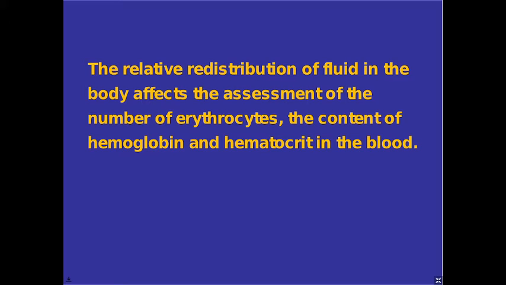So, for example, in the case of increased accumulation of fluid within the bloodstream, the relative number of red blood cells can be decreased, so that will lead to hematocrit decreasing. And of course, anemia signs will be detected, but maybe it's not anemia at all.